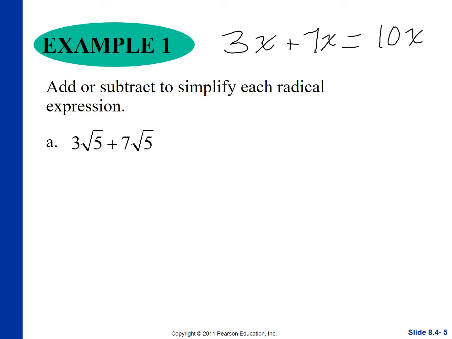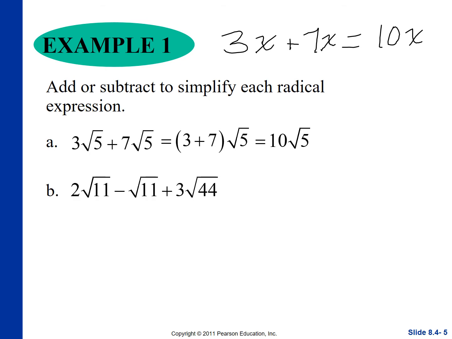So 3 square root of 5 plus 7 square root of 5 is 3 plus 7 times the square root of 5, or just 10 square root of 5.